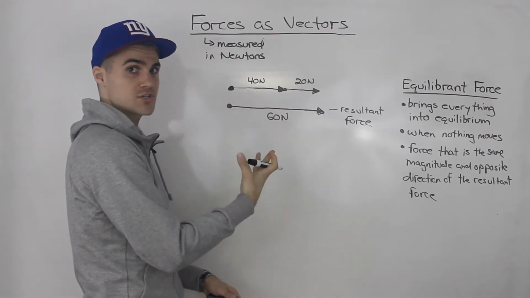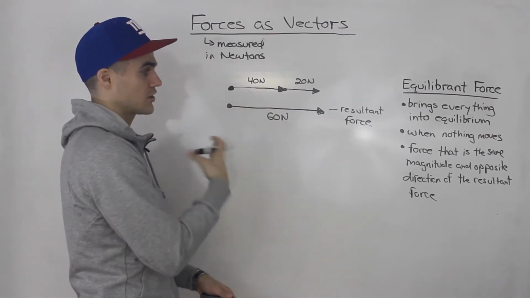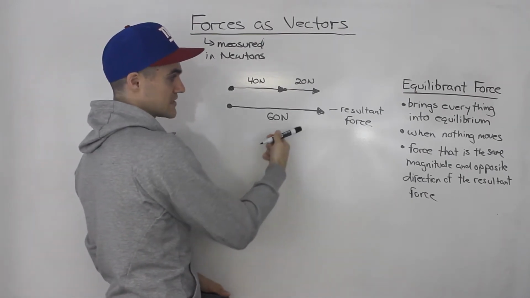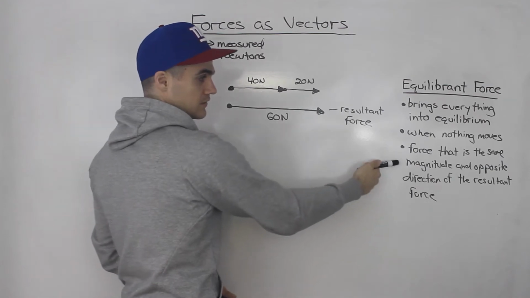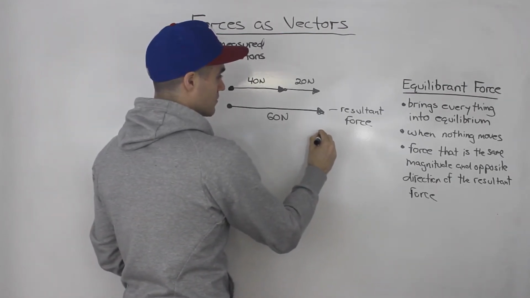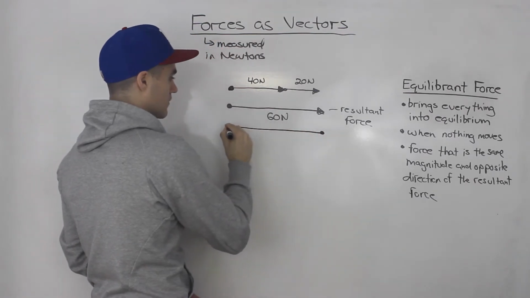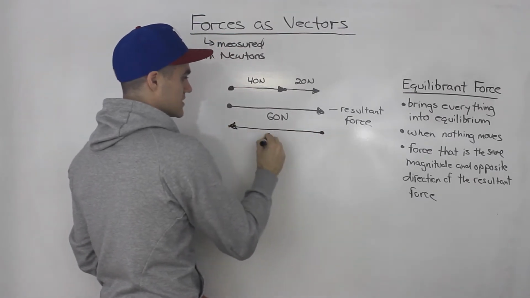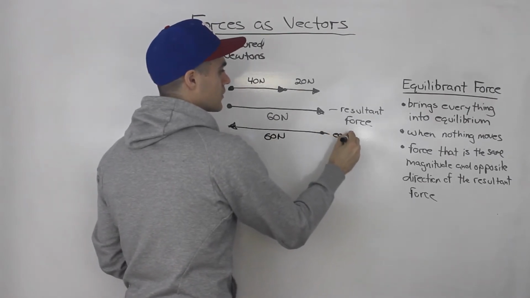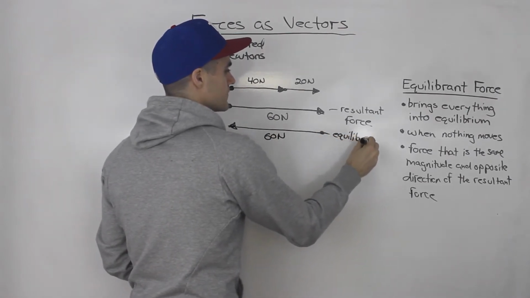So what's the force that will make the object not move? Well, it's going to be a force with the same magnitude as the resultant, but in the opposite direction. So this here, 60 newtons, is going to be the equilibrium force.